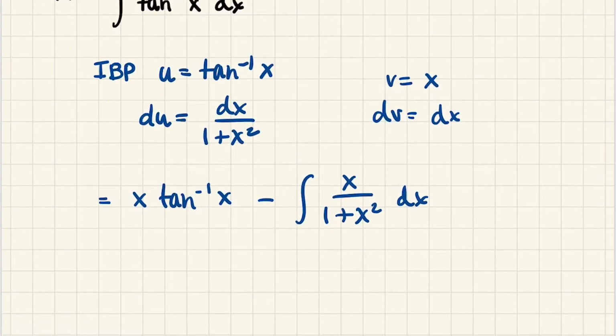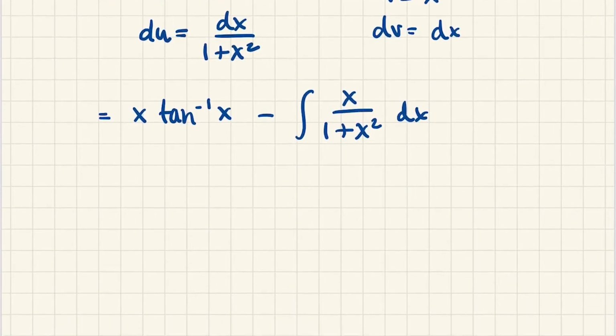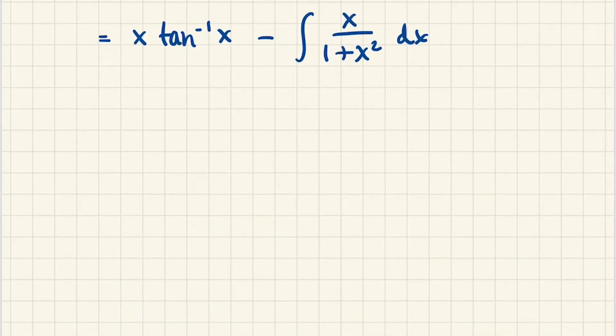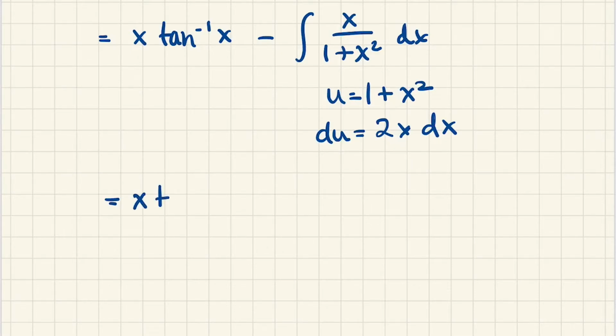And we've punted to a new integral that we need to work out. And this one can be done by u substitution. All right, so simply let u equal the denominator. And we can see that this whole thing is x times inverse tangent of x minus 1/2 and x dx. So we have du over u.